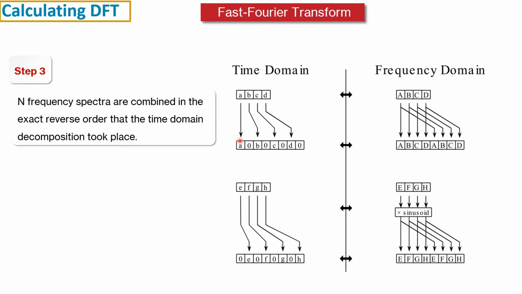A, B, C, D is one, E, F, G, H is the second one. We space them apart with alternating zeros in between. Since these are 4 points, we have to make an 8-point signal, so after every sample we put a blank space, and the blank space is filled with 0.